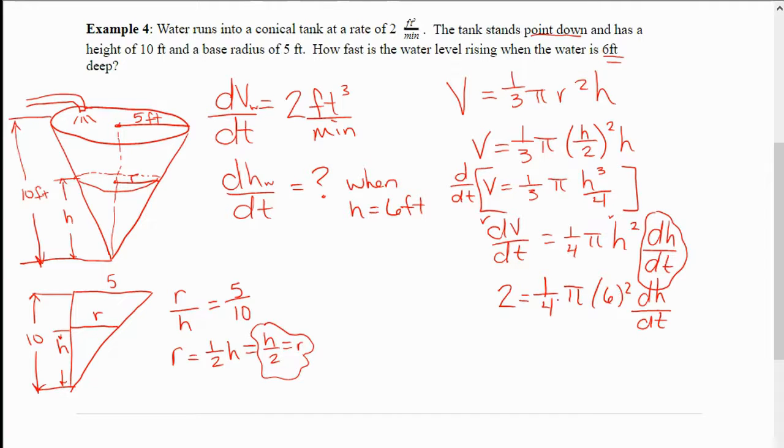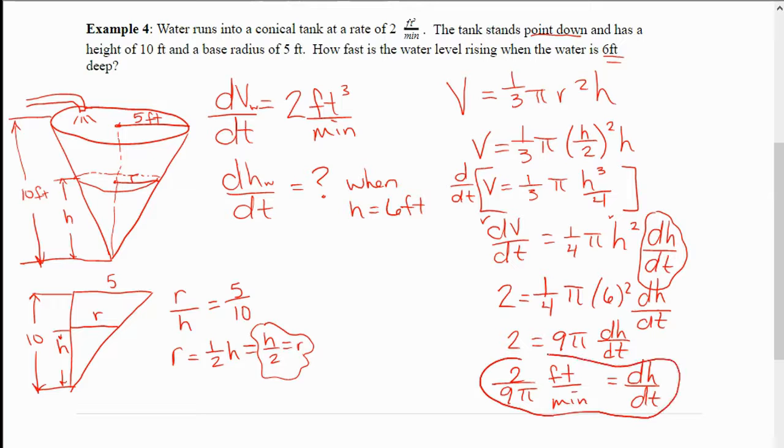And this is 36 divided by 4, so that's 9. So that's 2 equals 9 pi dh/dt. And so this is what we end up with, dh/dt equals 2 divided by 9 pi. And our unit is going to be feet per minute. That is the change of the height of the water over time. There you have it.